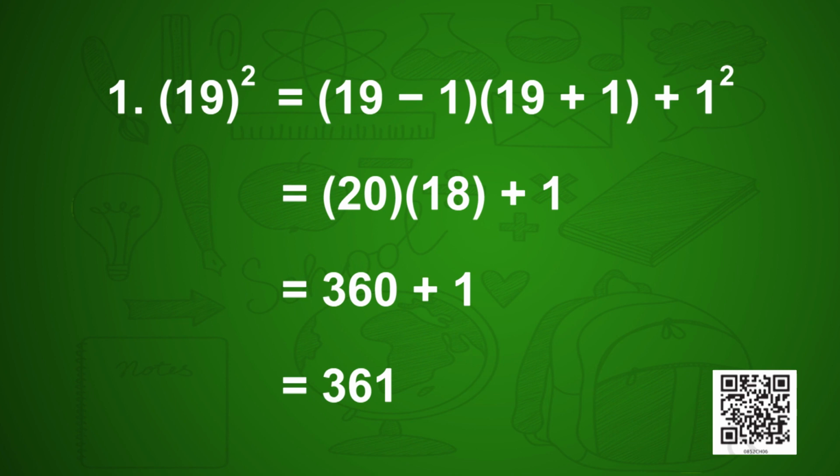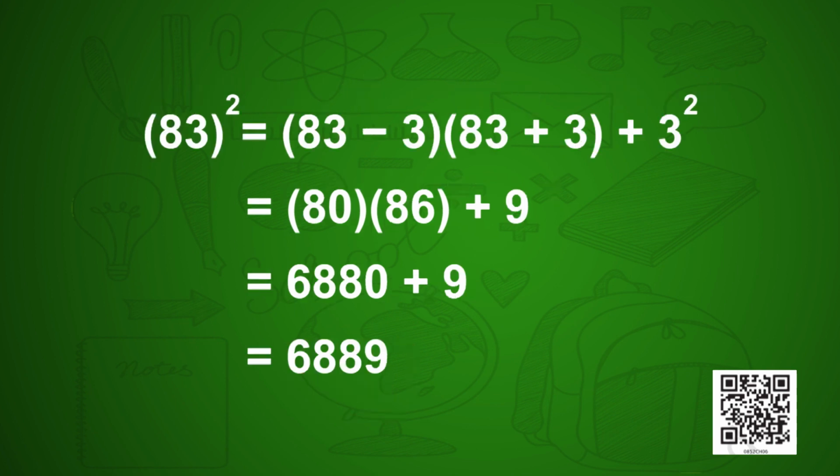Alternatively, to find this 19 whole square, let's try to add and subtract 1. When you add 1 to 19, we get 20. When you subtract 1 from 19, we get 18. Then take the square of whatever number you added and subtracted, which is 1 square, and add it to this product. So we get 20 times 18 plus 1, which is 360 plus 1, nothing but 361.